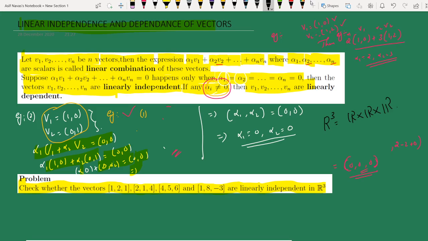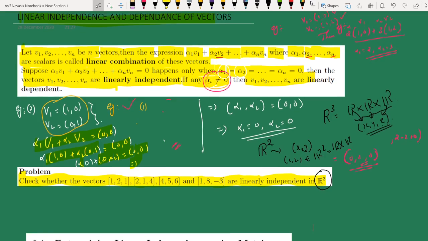That means elements in R3 are three-tuples: first coordinate in R, second coordinate in R, so all real numbers. In general, elements in R2 are two-tuples. (1, 2) is an element of R2, that means R cross R. So we have been given vectors in R3 and we have to check whether these are linearly independent or not.